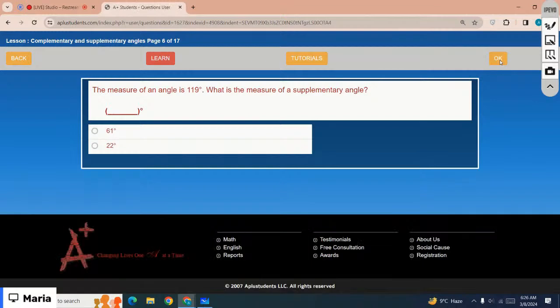The measure of an angle is 119 degrees. What is the measure of the supplementary angle?